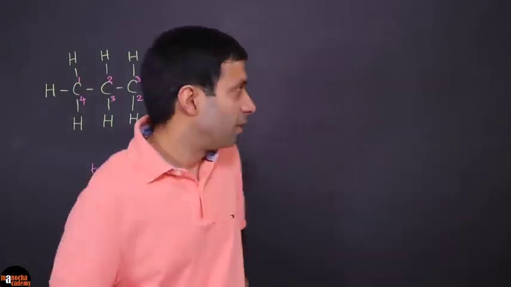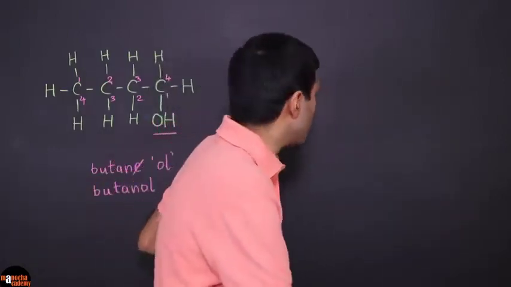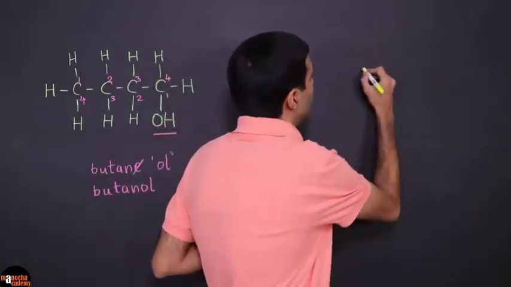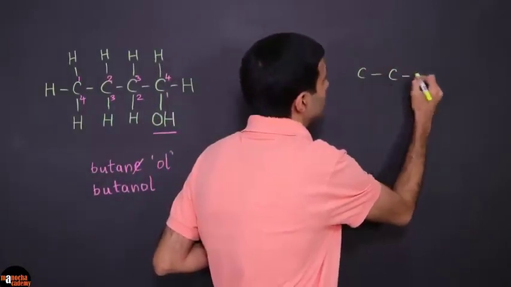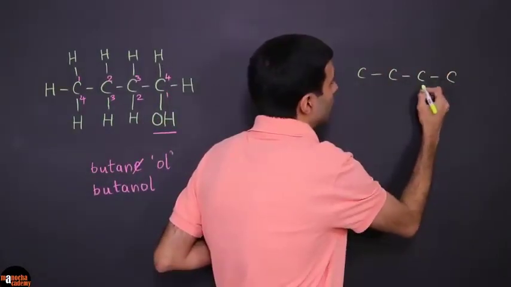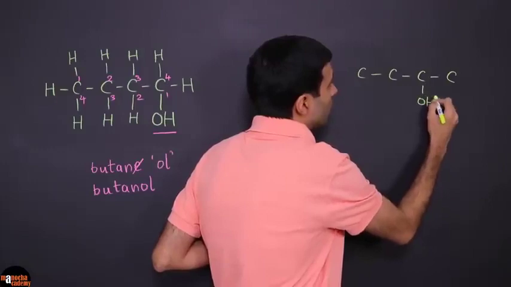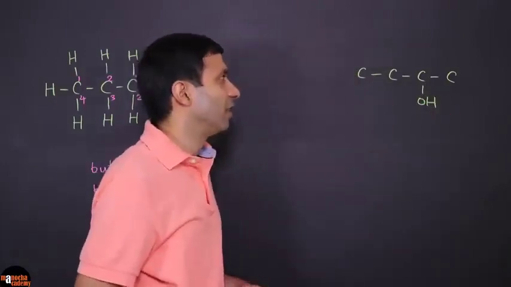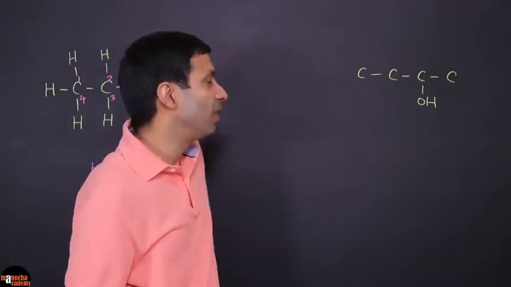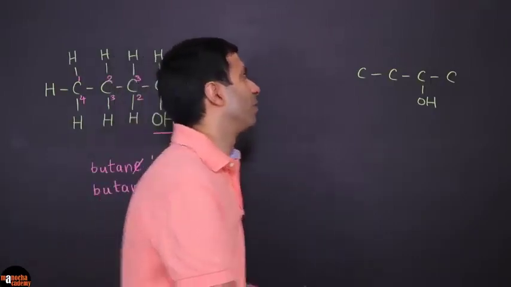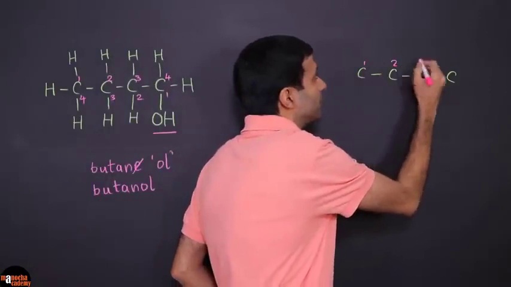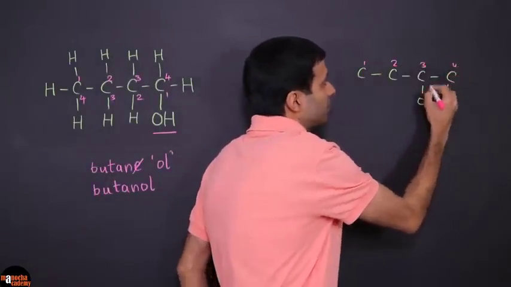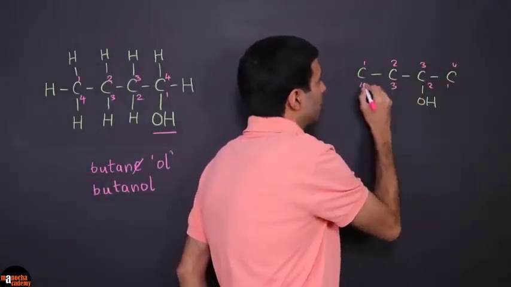Now let's say the OH was at a different position. So let's say we had something like this, and the OH was here, and the rest of course are hydrogens. So what will be the name of this compound? Again, we'll number our longest carbon chain. Right?